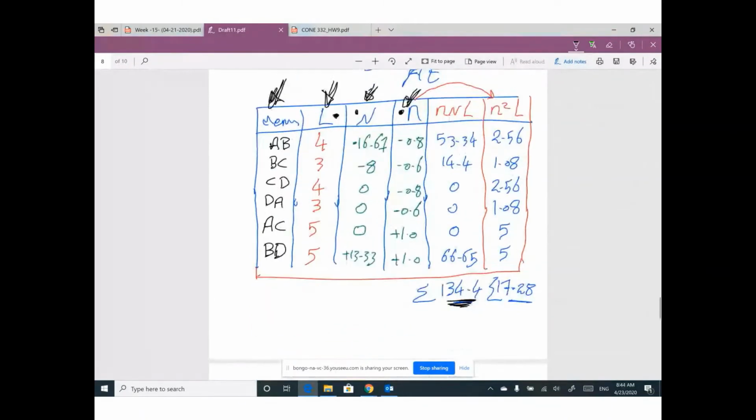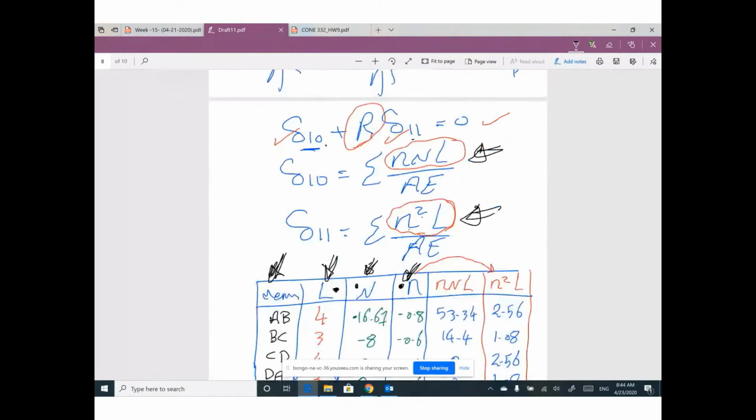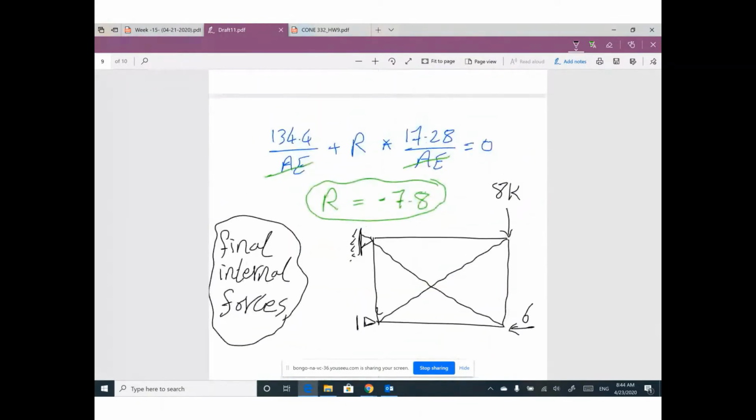And I got the summation, which is 17.28. So if you substitute these values in this equation, you can find 134.4 over AE plus R times 17.28 over AE equals 0. AE can be cancelled. The only unknown in this equation is the value of R.